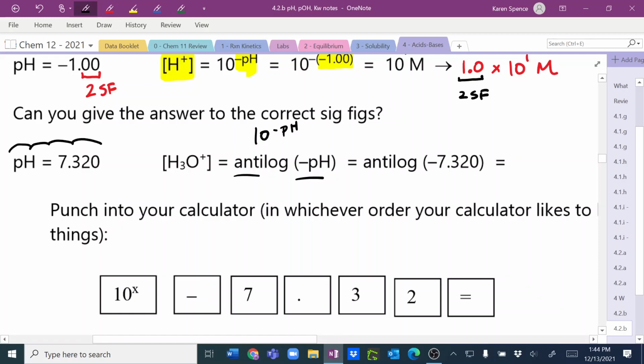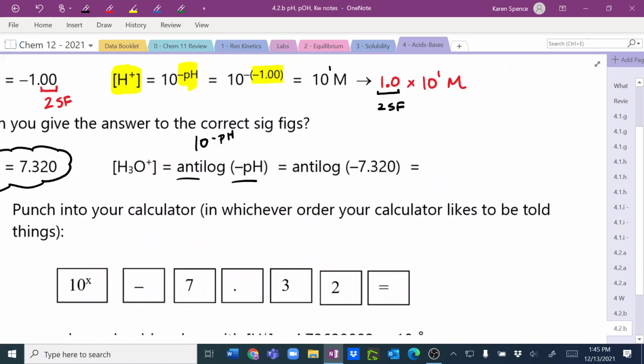Please do that on your calculator and see what you get. You should get 4.7863 times 10 to the negative 8.